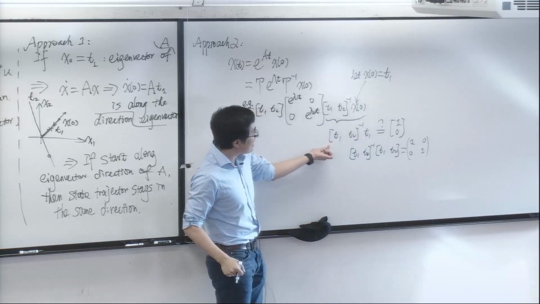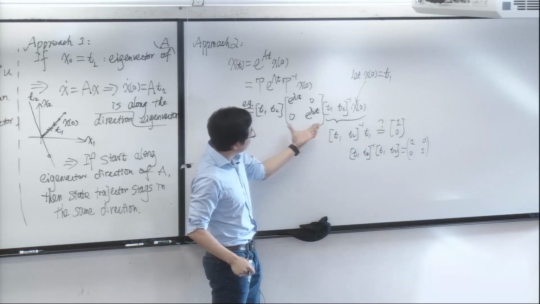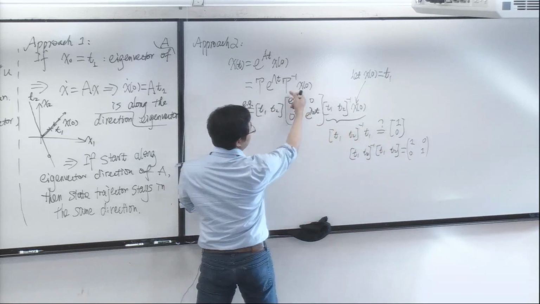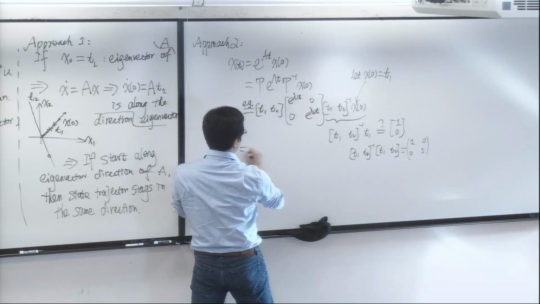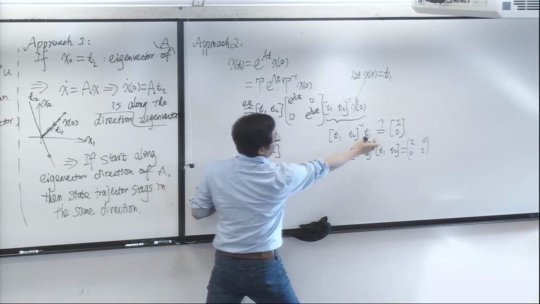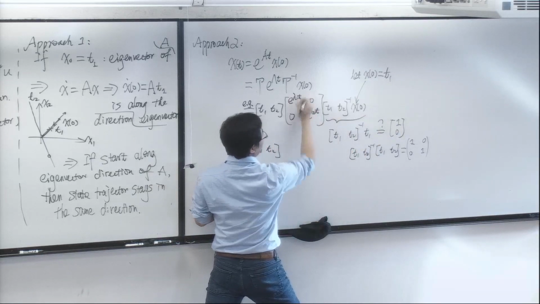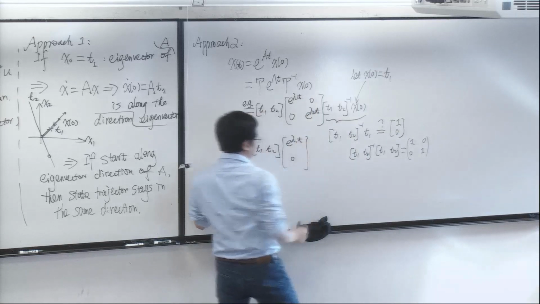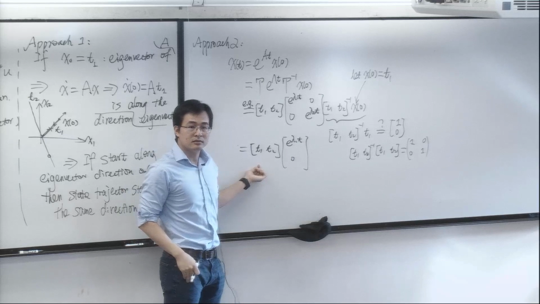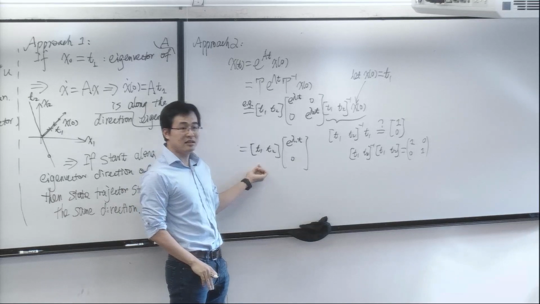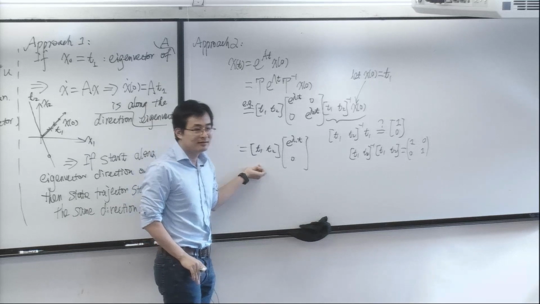Now if you see that, then this matrix times 1, 0 is going to be picking up the first column. So therefore, you're going to get T1, T2 times the first column of this matrix, e^(lambda1 t), 0. All right? So what does that equal? Right?